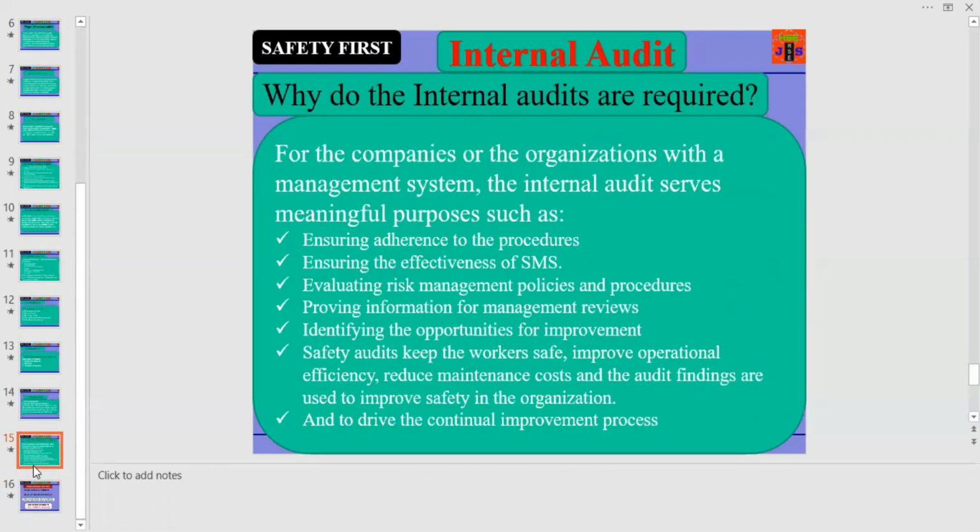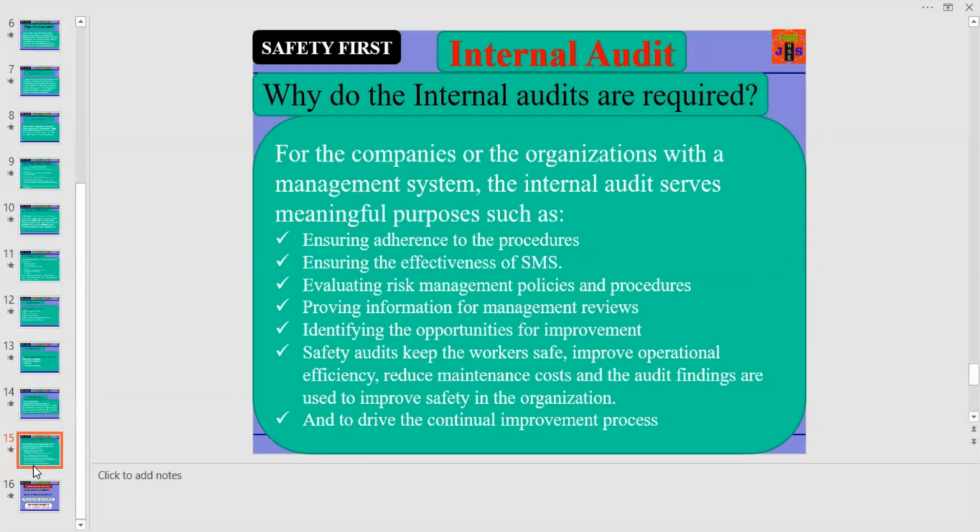Here the question is, why are internal audits required? Or what are the benefits of internal audits? Dear friends and fellows, for the companies or organizations with a management system, the internal audit serves meaningful purposes such as ensuring adherence to the safety procedures, ensuring the effectiveness of the safety management system, evaluating risk management policies and procedures, providing information for management reviews, identifying the opportunities for improvement.